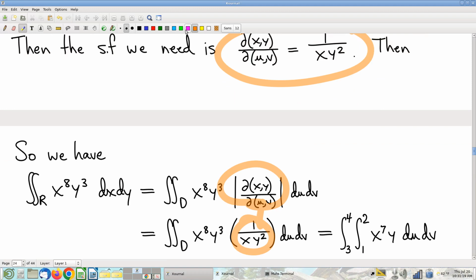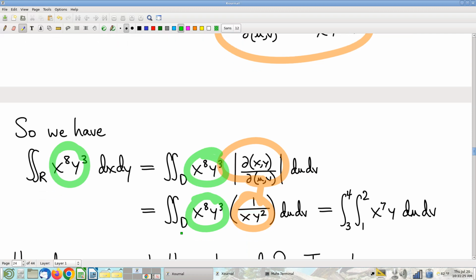My original integrand, of course, was that. And altogether then, my new integrand, stretching factor included, is this right here. Is everybody okay with that?